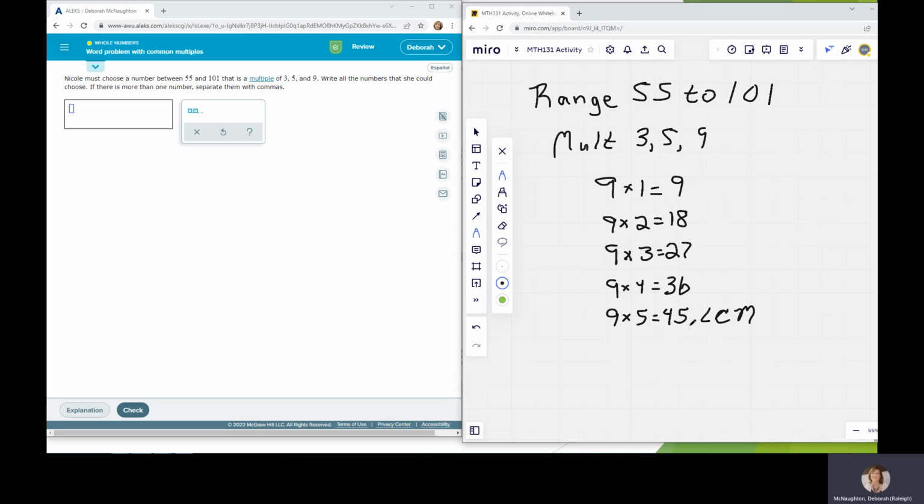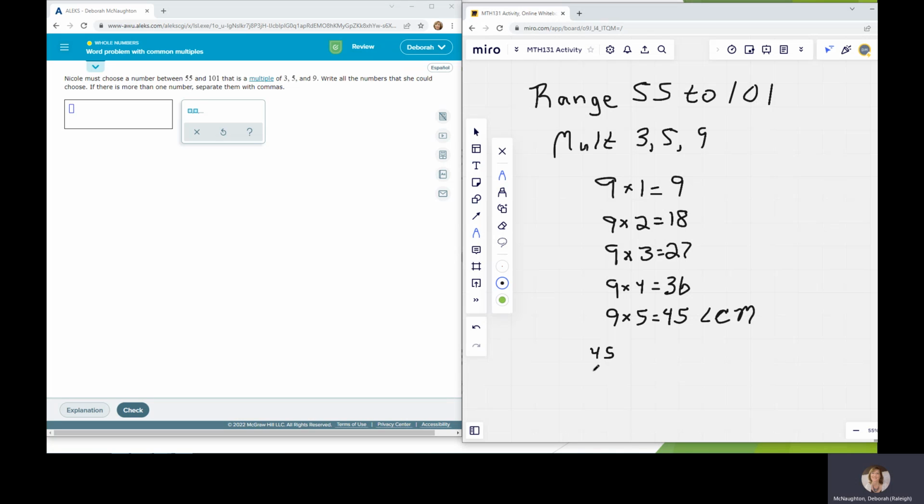Okay, so once we have our least common multiple, all the multiples are going to come from this. So all of the common multiples of 3, 5, and 9 are multiples of 45. So 45 is our first one.